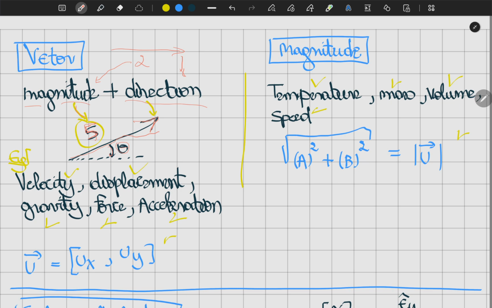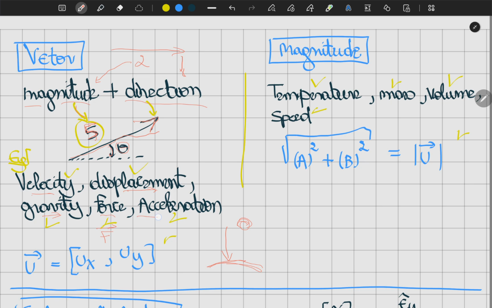Some examples of vectors we see are velocity, displacement, and gravity, because velocity has a direction, displacement has a direction and magnitude, and gravity has a direction, because you're going to fall down if you are in space. So the ground is here, and gravity is pointed toward the earth, the ground. Force is always represented with direction.